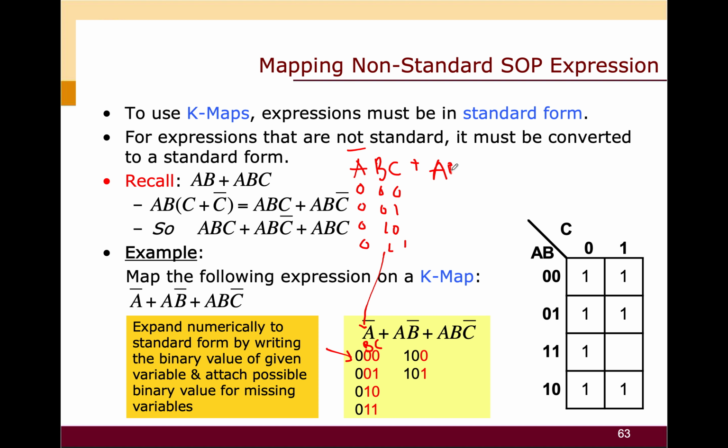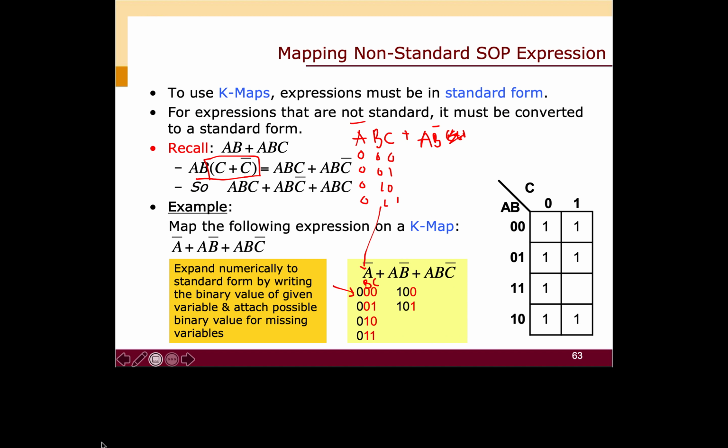A, B bar, you are missing the C. So C will have the 2 possibilities, which you normally use like this. You're going to have like this, right? So A, B bar, where is my eraser? Why can I not pick the eraser?